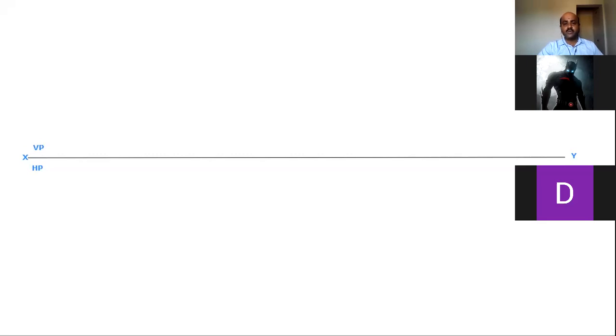So first we are going to draw a 25 millimeter triangular lamina. It is an equilateral triangular lamina. So, annotations.